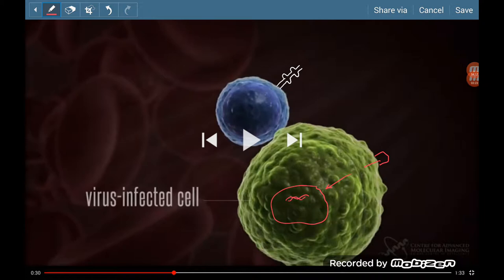Okay, so we've got viral DNA, which would have come out into the cytoplasm. At the same time, we would have had protein synthesis. So we would have had messenger RNA produced, which went out into the cytoplasm, and ribosomes formed viral proteins.